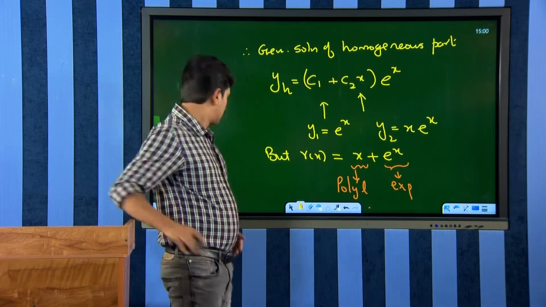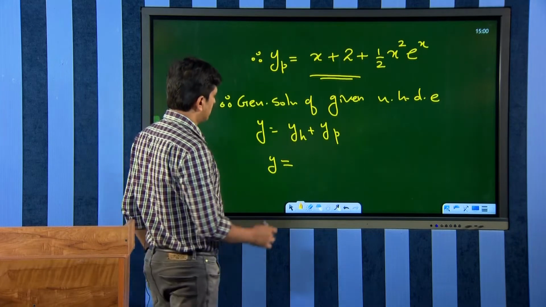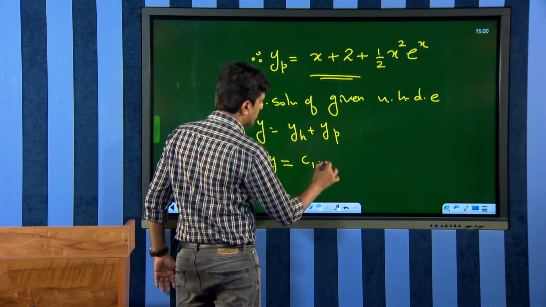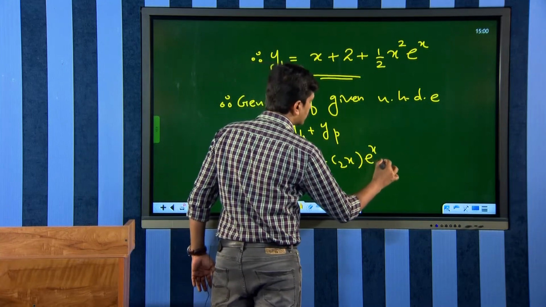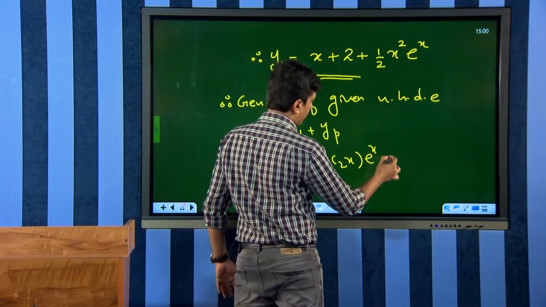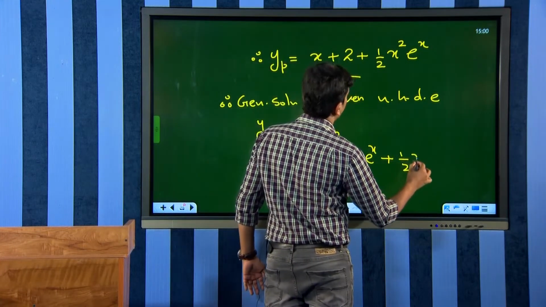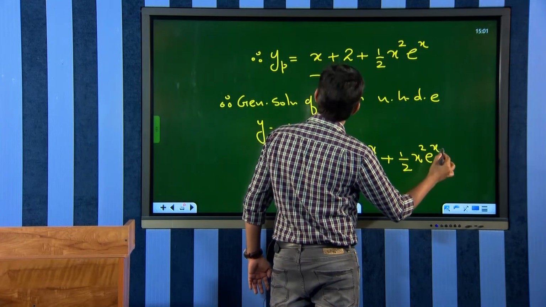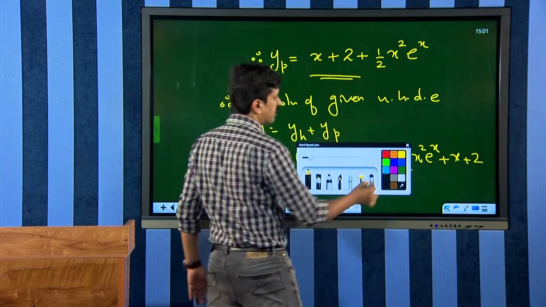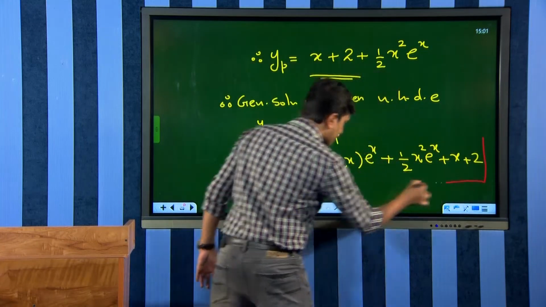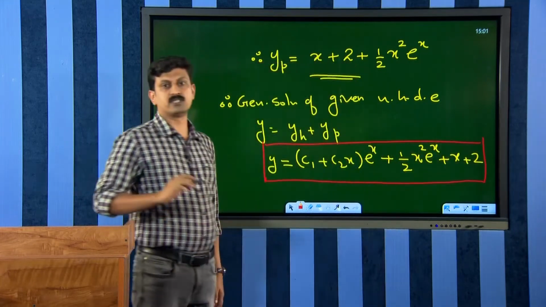Plus yp, which is 1 by 2 x square e raised to x plus x plus 2. That is the general solution of the given non-homogeneous equation.